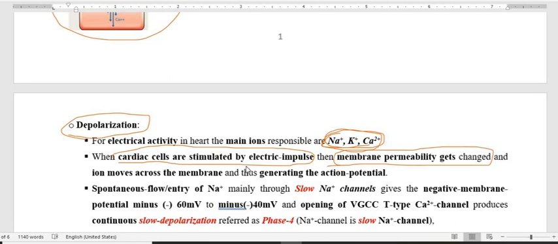So when an electric impulse stimulates the cardiac cell, the membrane permeability gets changed, and accordingly ion movement gets started.